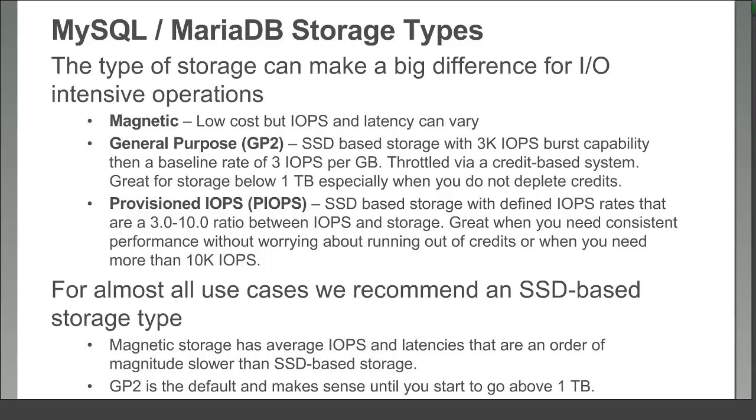This is what we usually see for high performance or high-end production workloads, whereas we see the GP2s either for test dev workloads, or if you know your workload is spiky and will still perform well with the burst ability of the GP2. But for almost all of these use cases, we do recommend the SSD-based storage type.